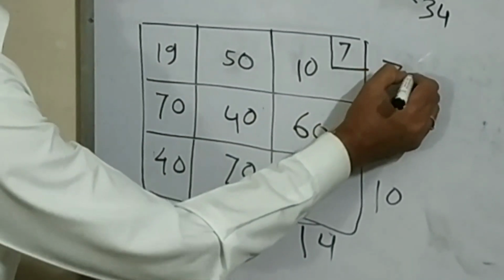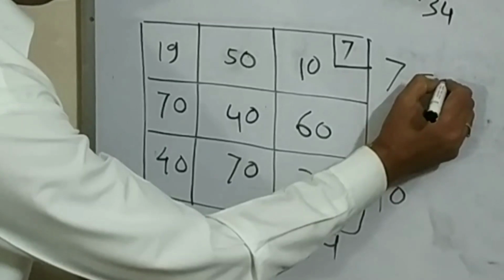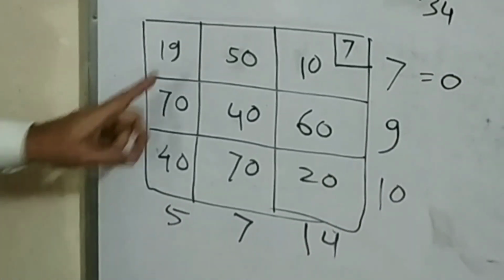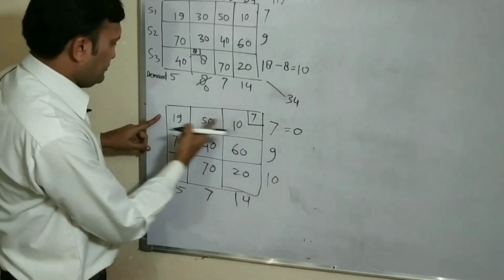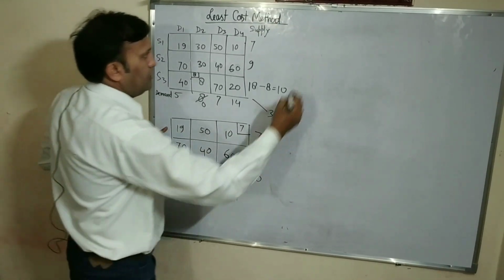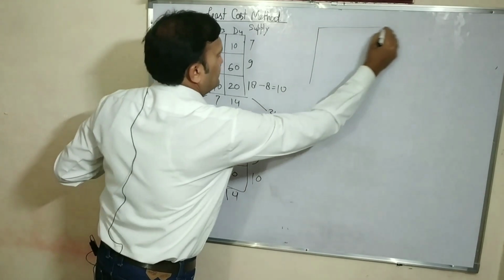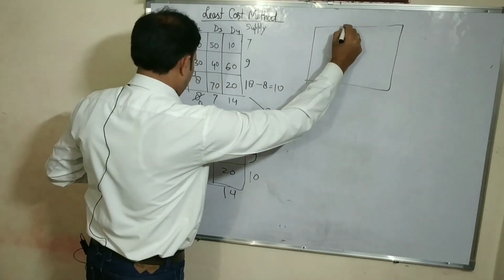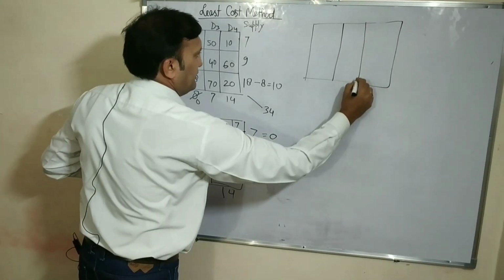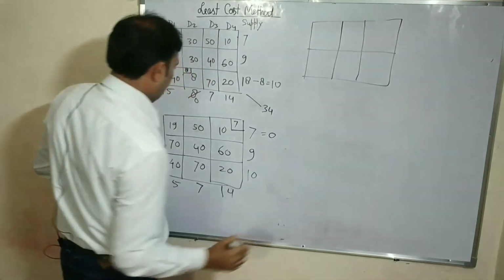Further, since this is finished, the supply here will be 0. So in the next matrix we are going to remove this particular row, and we are going to make a new table in which we are going to further put the values.